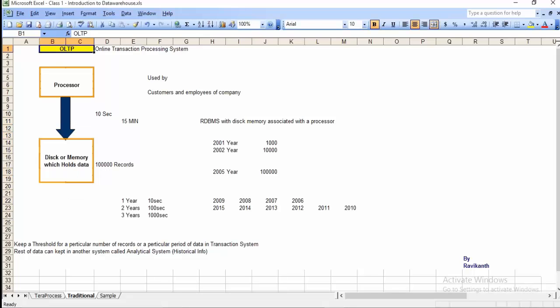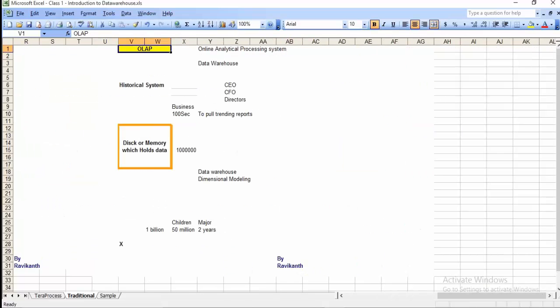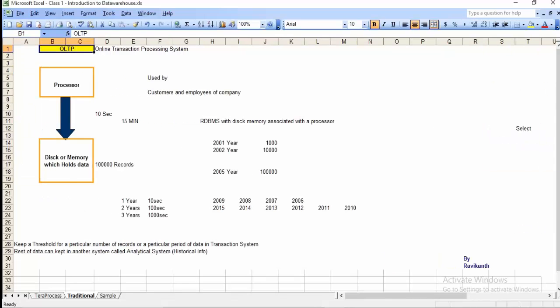And what about the online analytical processing system? What we are doing here is just loading your historical data, and the operation you are performing is just retrieving the data. That means you are just performing select queries, right? So that's the difference between OLTP and OLAP.